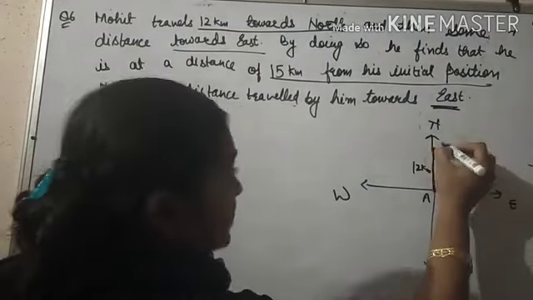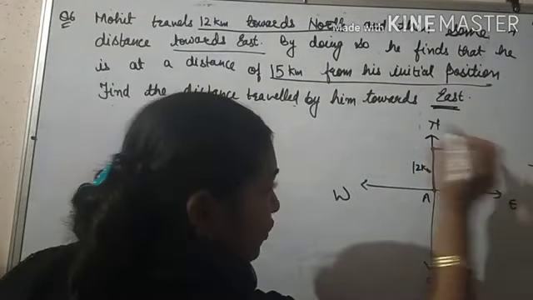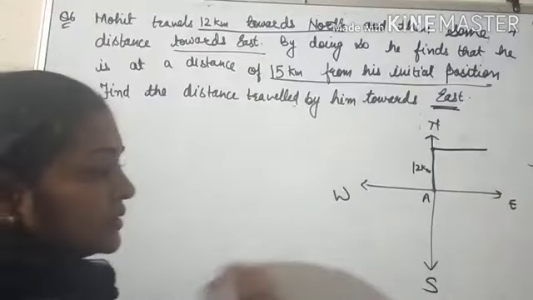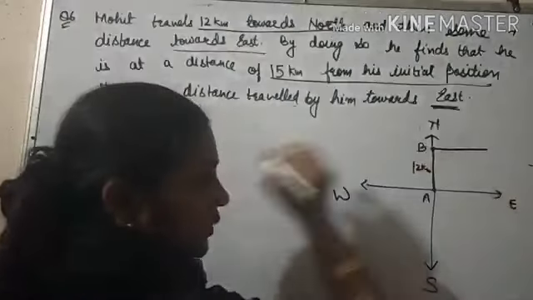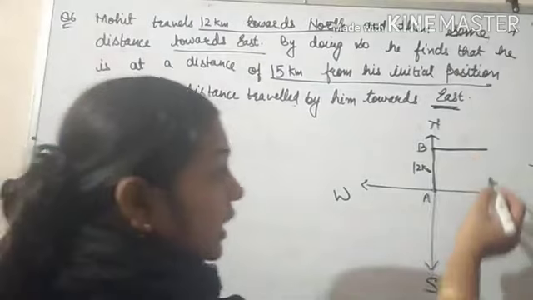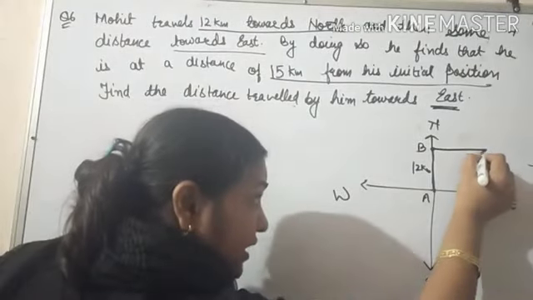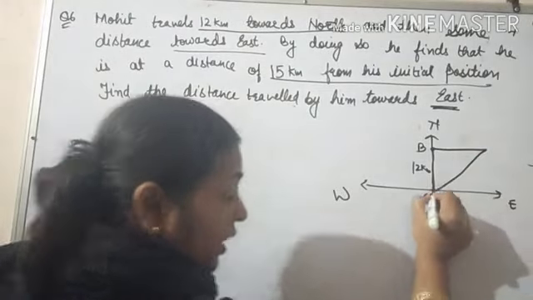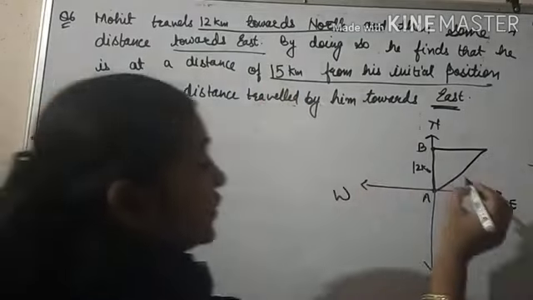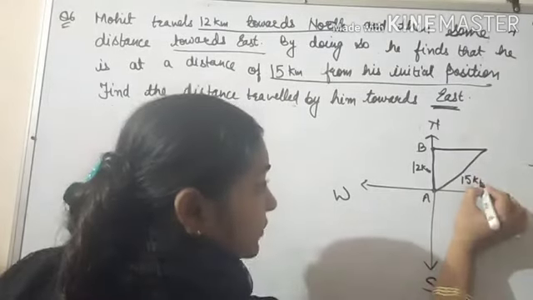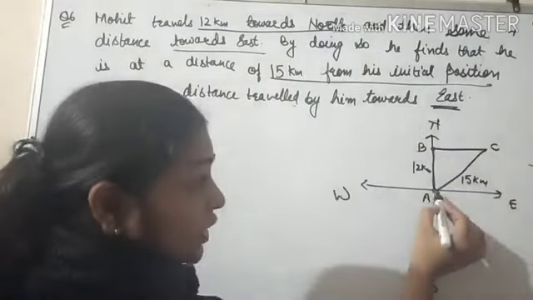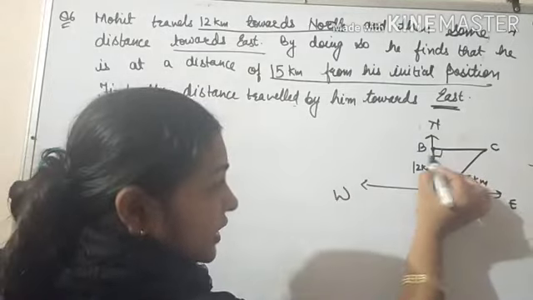Then he moved some distance towards east. Let it be B. He found that his distance from the initial position is 15 kilometers. Let it be C. Now you can see in this figure that this angle is 90 degrees.